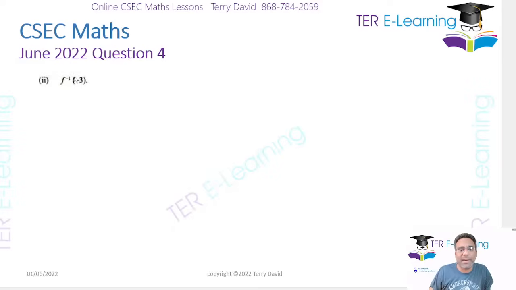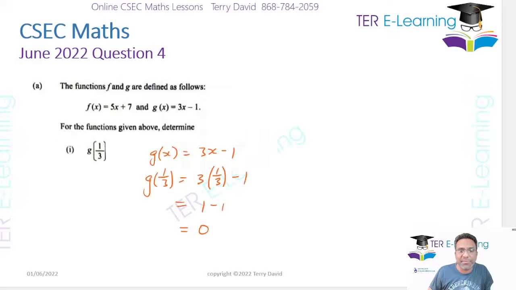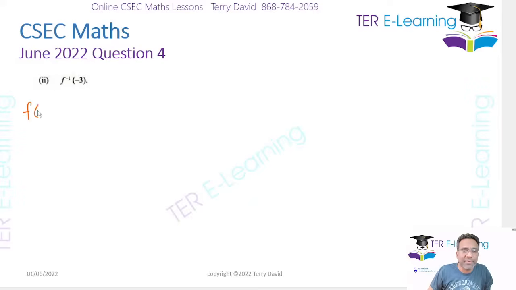The next part, they want us to find f inverse of minus 3. So the function f of x is 5x plus 7. So what I need to do is figure out what the inverse is first of all. To do that, you're going to let y equal 5x plus 7.